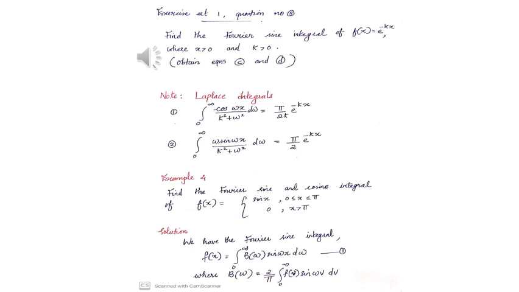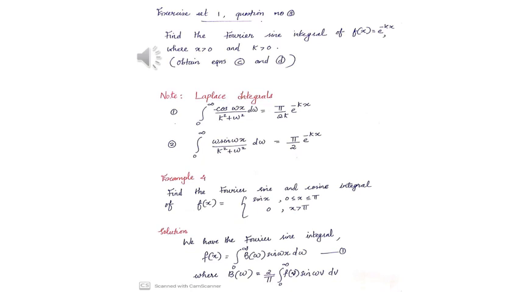This you will get from this exercise set 1 question number 3. Here you have to find out the Fourier sine integral, so from that you will get this formula. So these are the Laplace integrals, and these formulas we will use in the future.